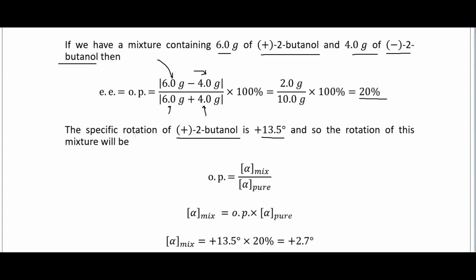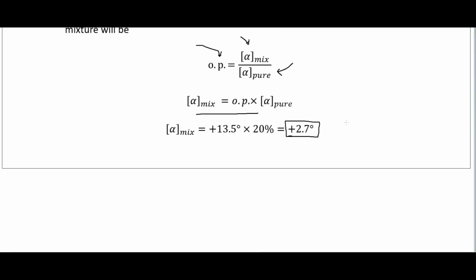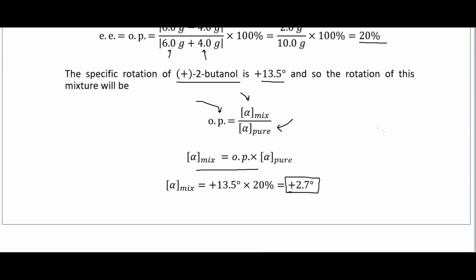And so the rotation of this mixture will be our optical purity equaling our mixture over the pure right here. If we just multiply both sides by the pure, we get this, and we plug in those numbers, and so we can predict what the rotation of our plane polarized light will be for our mixture here. And that's how you can use these formulas to calculate those things.